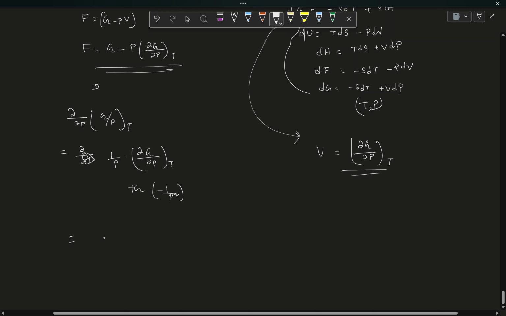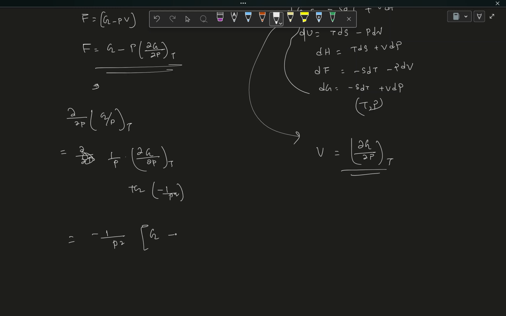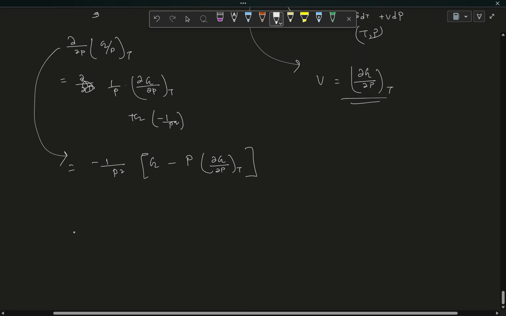If you take minus 1 by P squared as common, this is G minus P del G del P at T constant. This is your del P of G by P at T constant.